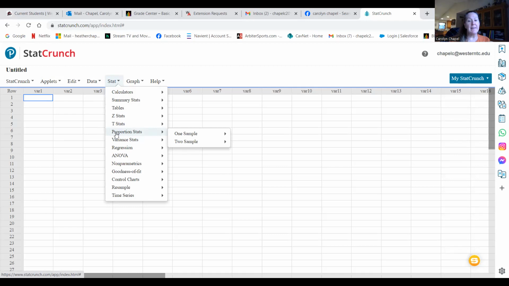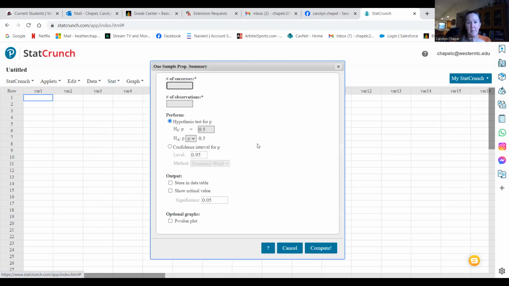Since we are dealing with a single proportion, so a single p-hat, like looking at one population, we'll be using this one sample piece. And we don't have original data, so we're going to go with summary. Okay, so again, stats, proportion stats, one sample with summary. And we'll get this window here.